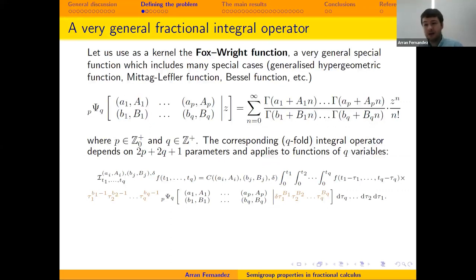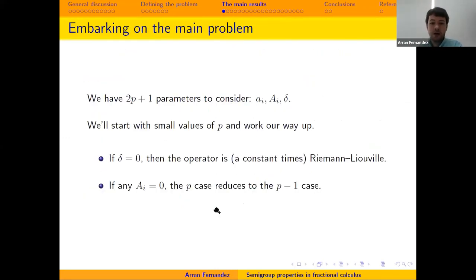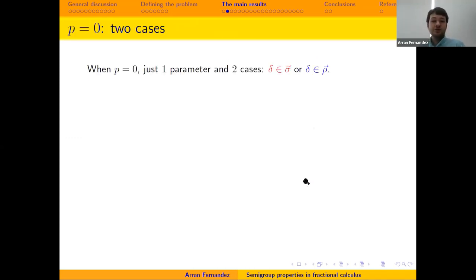A constant multiplier doesn't matter. So we have reduced the p gamma functions on the top to p minus 1, because one of them just became a constant. I call that a reductive case. Later on, we're going to use induction on p to solve this problem, so reducing p to p minus 1 is going to be a very useful thing. So let's start with p equals 0.